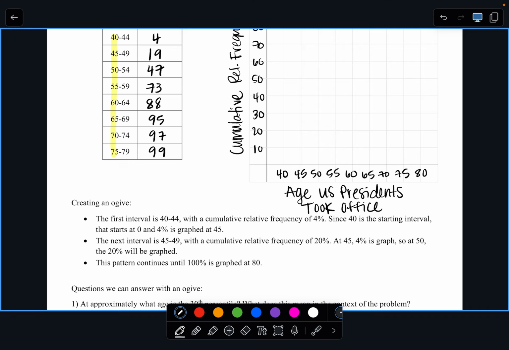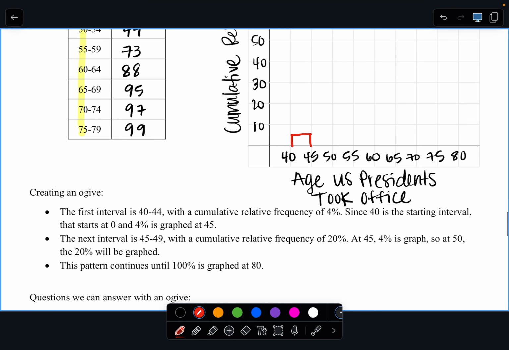Now, the way this works is a little weird. So I like to show it to you as a histogram first, and then we kind of talk about what is actually the cumulative part of the graph. So if I was looking at the 40 to 45 range, it looks like it has a relative frequency of 4%. So if I were to draw that, I would draw a bar between 40 and 45, and it would have a height of about 4.